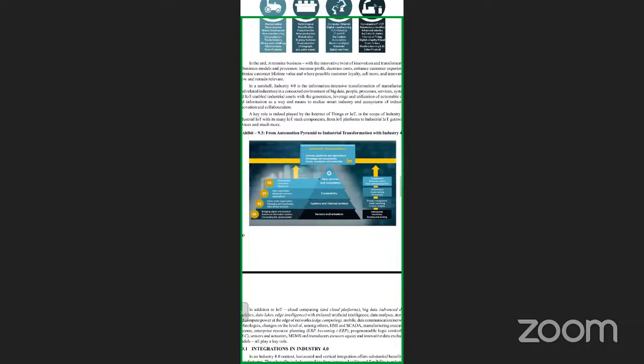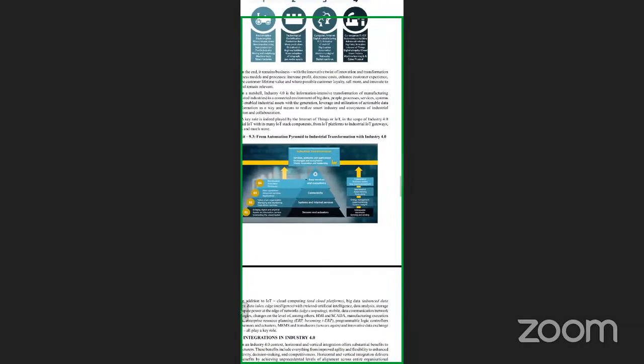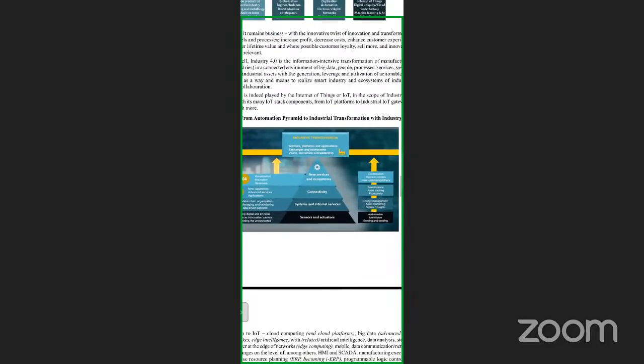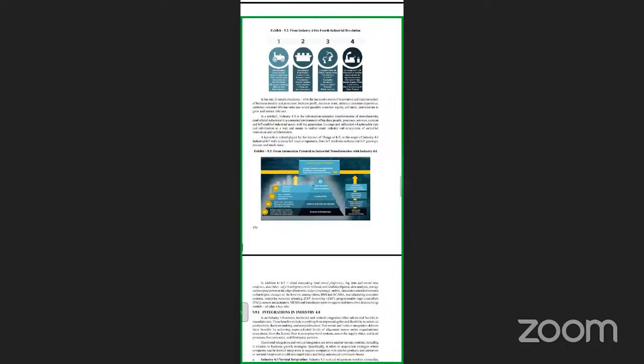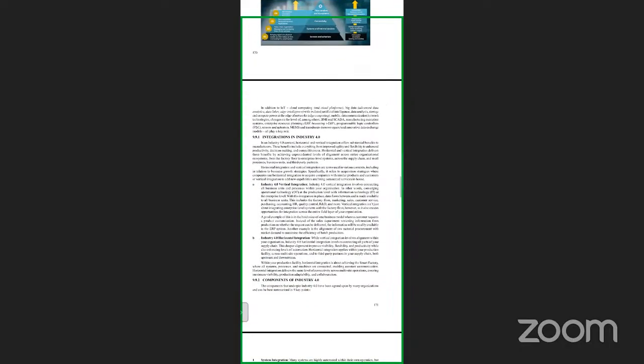You can see here the move from the automation pyramid to industrial transformation with Industry 4.0: sensors and actuators, systems and internal services, connectivity, new services and ecosystem. Next, integration in Industry 4.0: vertical integration and horizontal integration.